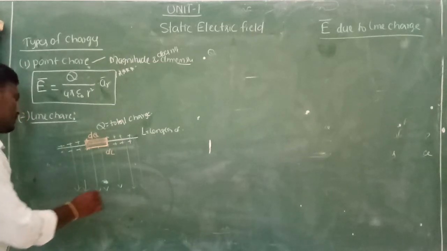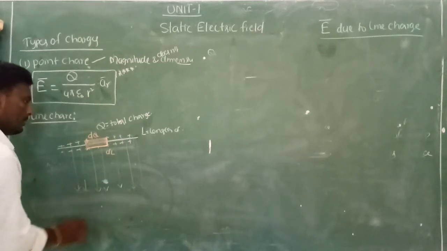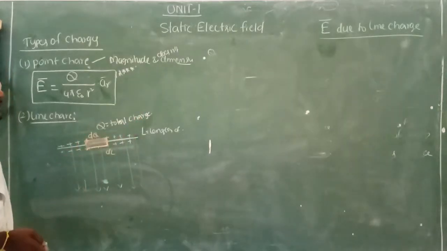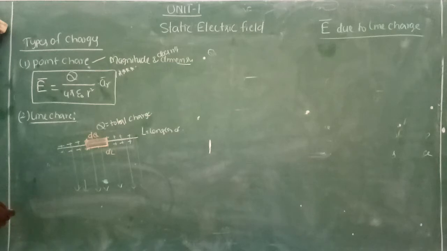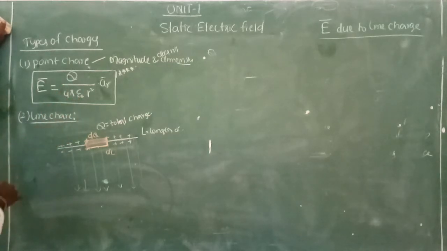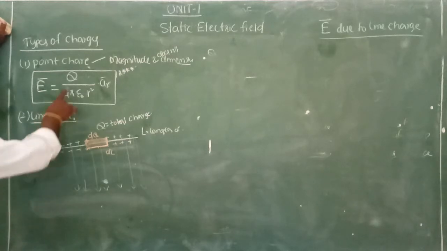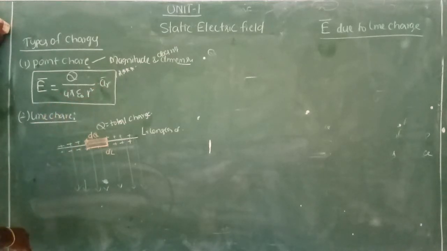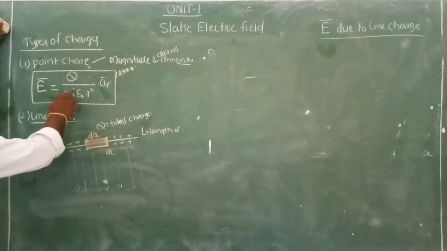So in such cases, how can you write the expression for electric field intensity? We already know the formula for electric field intensity is E bar equals Q by 4 pi epsilon naught R square into a R1.